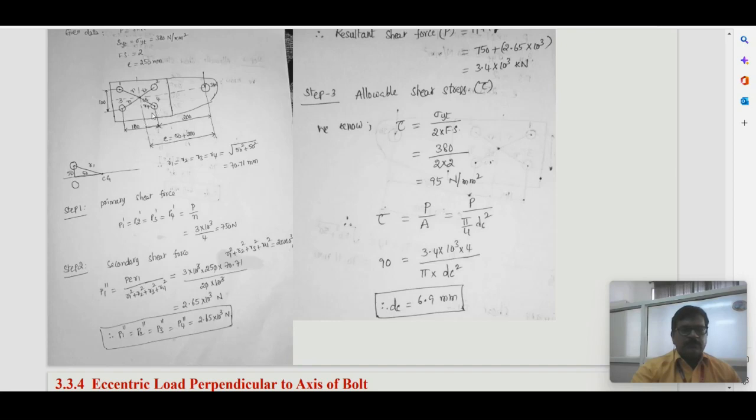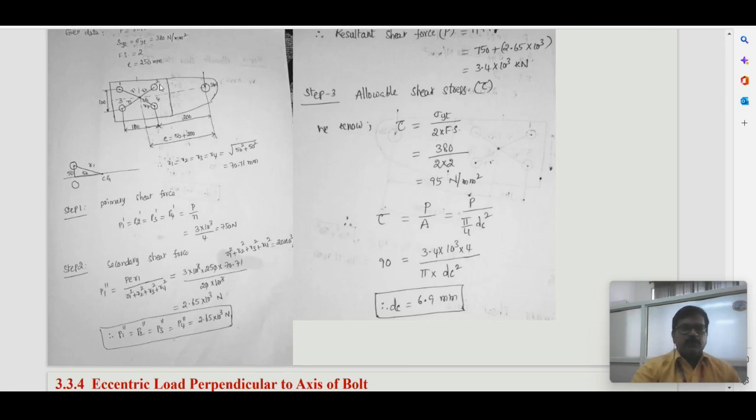The angle between them you can calculate, and for two forces acting at a point with some angle in between them, you can find out the resultant by using the parallelogram law of forces, and that is the resultant force acting on the 4, and similarly you can find out the resultant force acting on the 2, and take the larger value of these two.